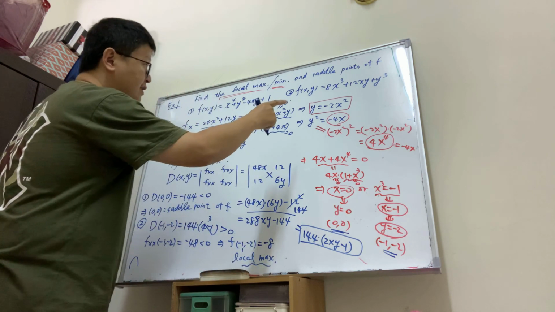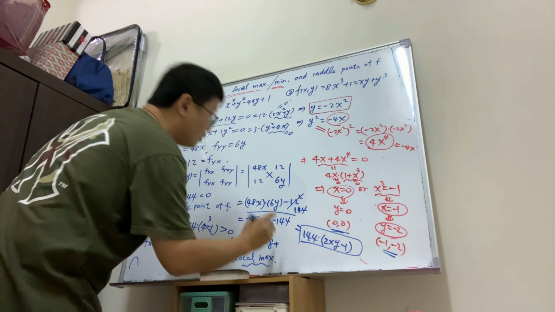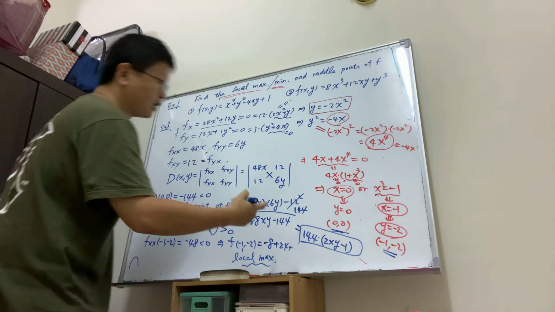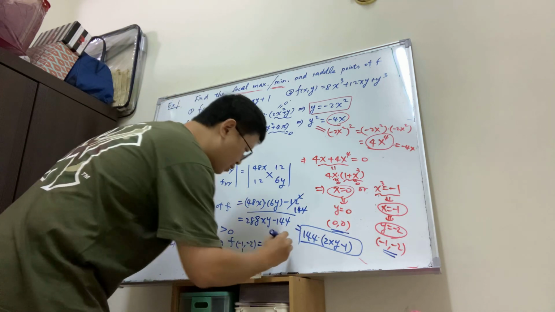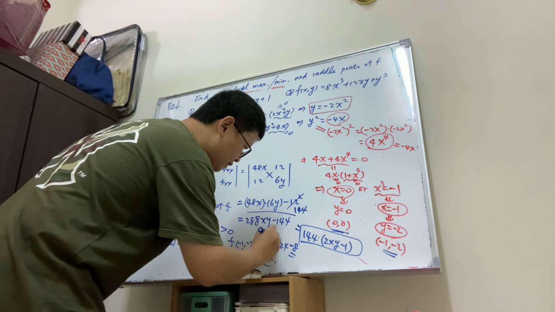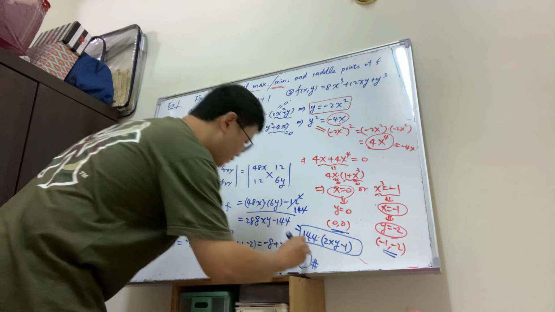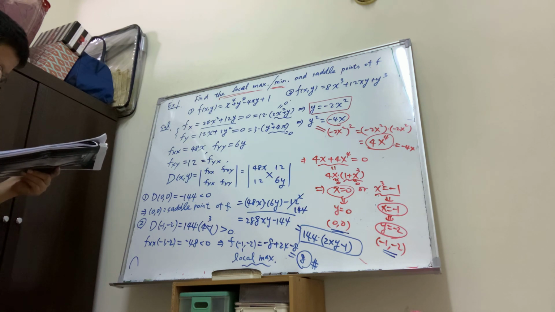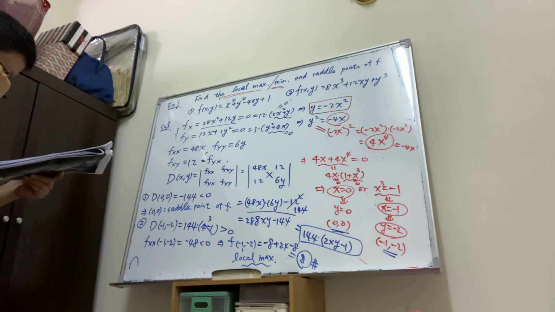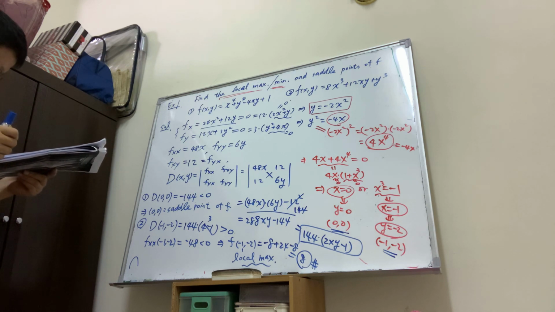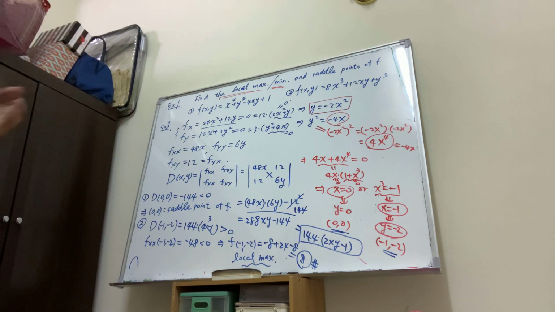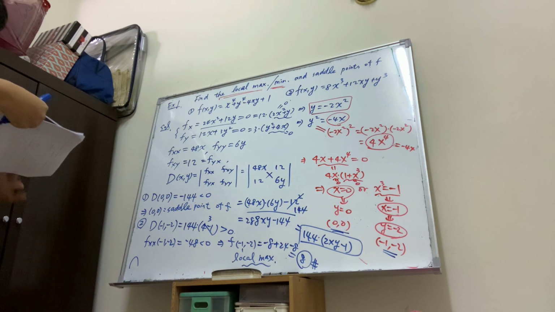The second term is plus 12 times negative 1 times negative 2, so it's 12 times 2, so it's 24. Plus y cubed: negative 2 cubed is subtract 8. So finally it's 8. The local maximum value is 8. Okay.